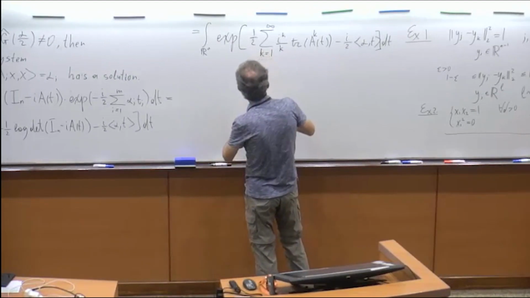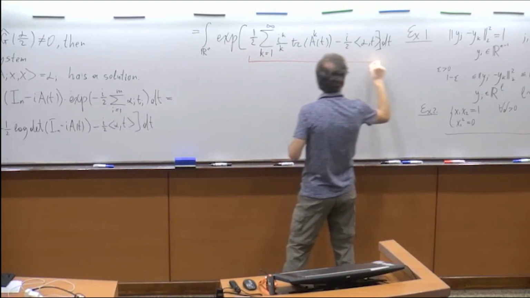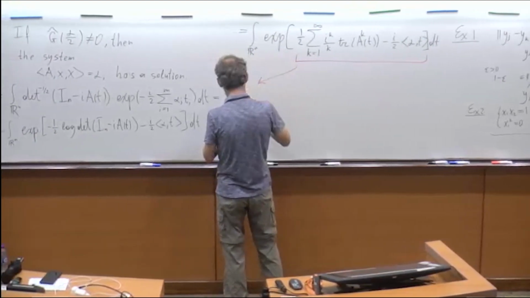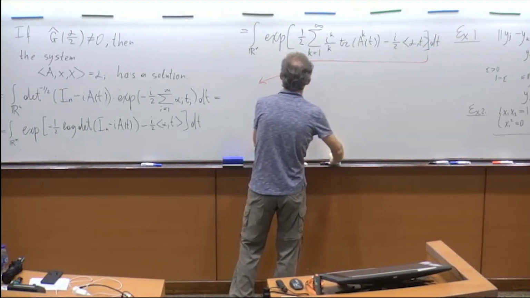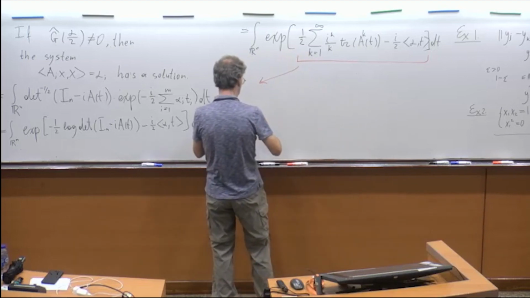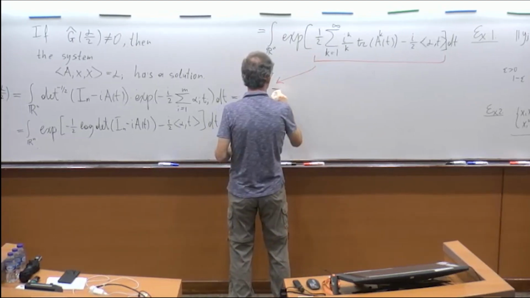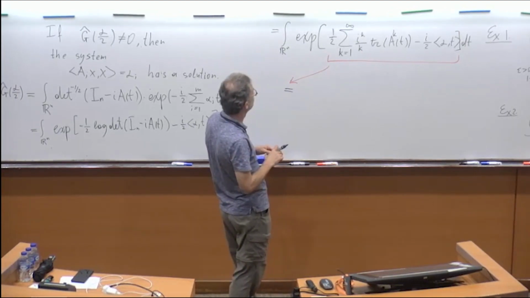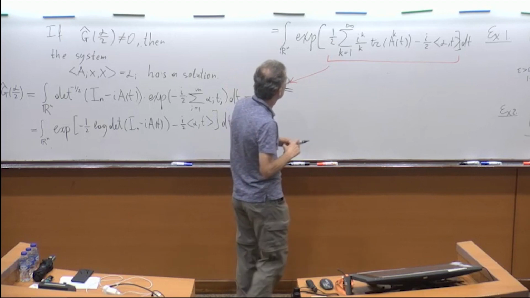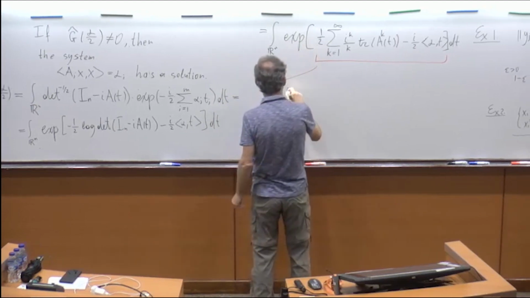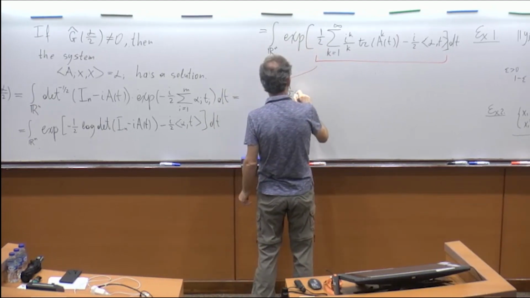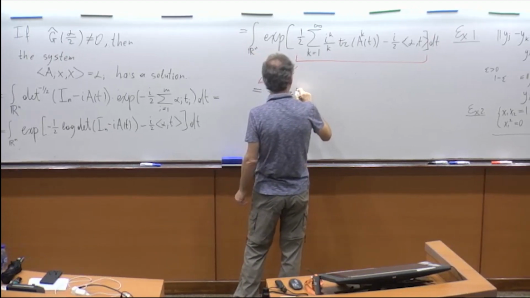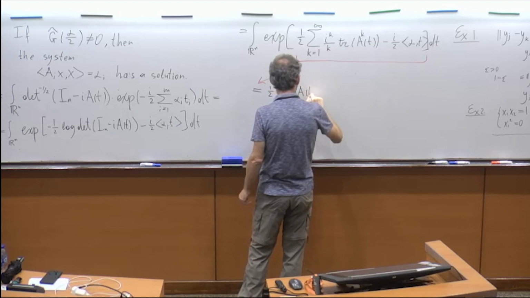And let's look at what is in this exponent. Let's look at the first term. The first term is 1/2 i trace A of t.